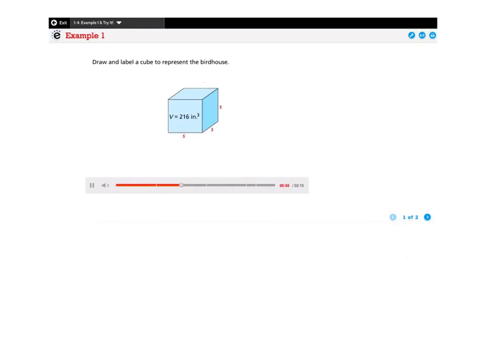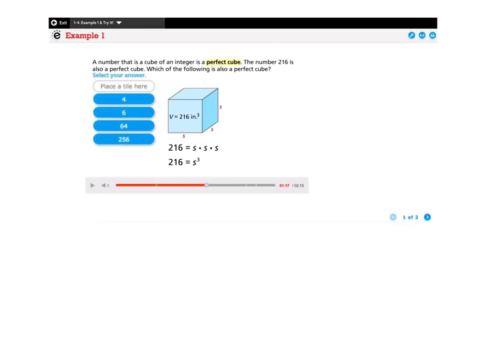We'll label the sides S. The volume is equal to S times S times S, or S cubed. A number that is a cube of an integer is a perfect cube. The number 216 is also a perfect cube. Which of the following is also a perfect cube? Select your answer.